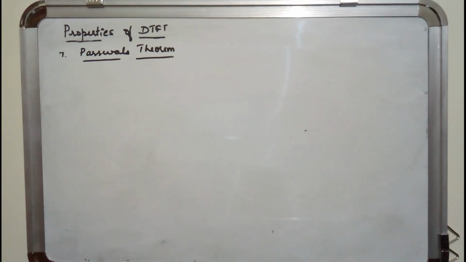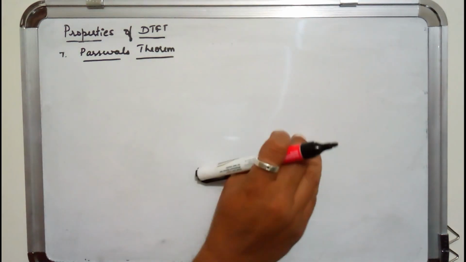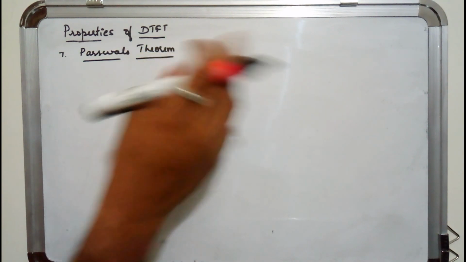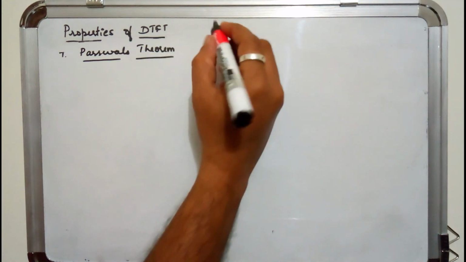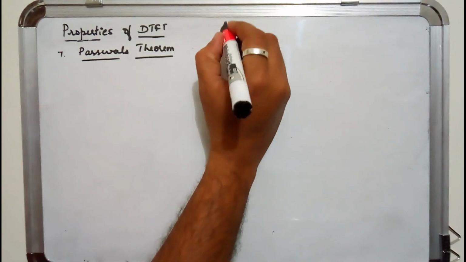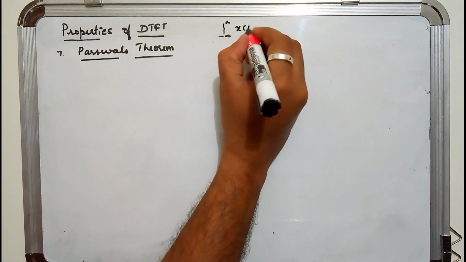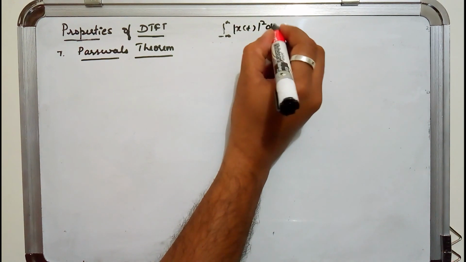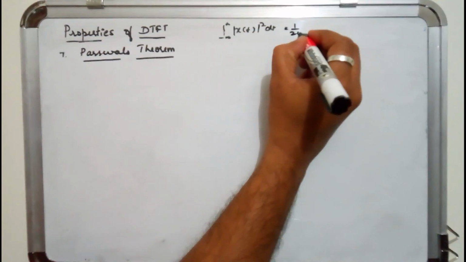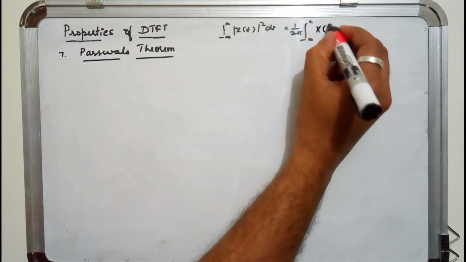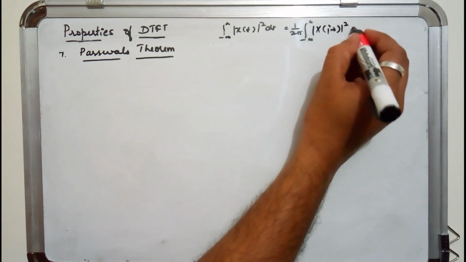Now the next property is Parseval's theorem. We have solved this in CTFT as well. So it gives us the relationship between energy of the signal and its power spectral density. Now Parseval's theorem in the CTFT case was integral minus infinity to infinity |x of t|^2 dt equal to 1 by 2 pi integral minus infinity to infinity |X of j omega|^2 d omega.